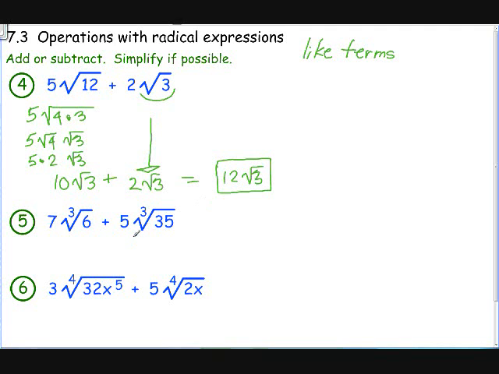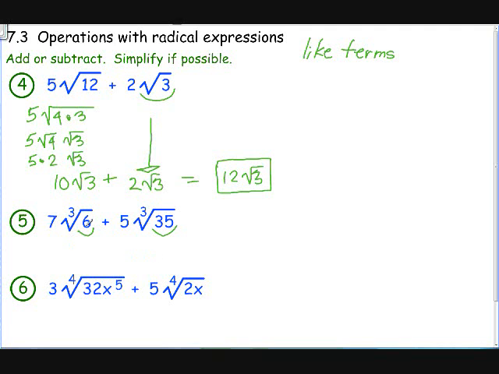Oh, number 5. These certainly are not like terms. And yikes, do they share any common factors? See, the good news is that they are both the same root. That's a good thing. But I have to look to see if there's any way these can be simplified.